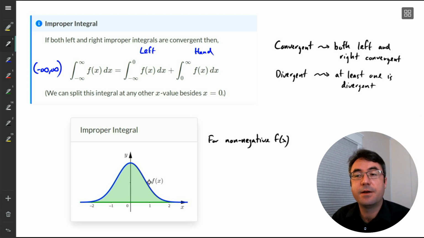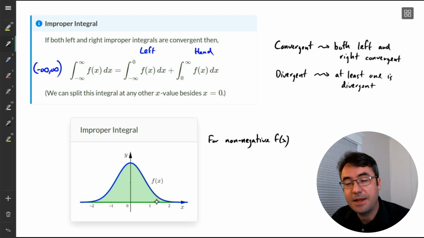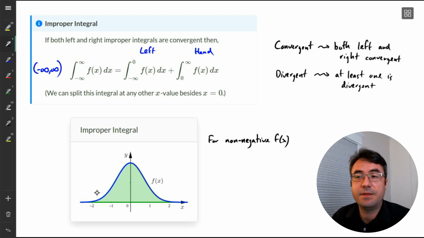So the area that extends infinitely far to the left and infinitely far to the right. We're calculating the area of that region between our function and the x-axis. And again, we're going to see cases where this is finite, and probably see cases where it's not finite, it's infinite.